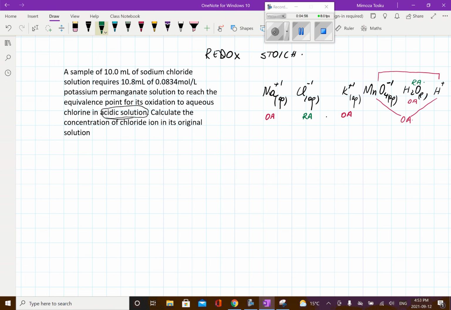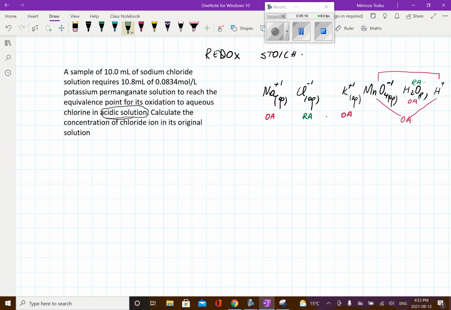So the next step will be to identify which one is the strongest reducing agent and which one is the strongest oxidizing agent. When we are identifying the strongest oxidizing agent, we see which one is at the top of the left side.